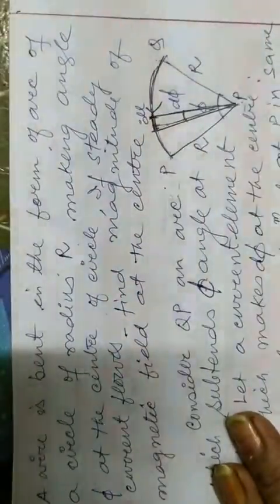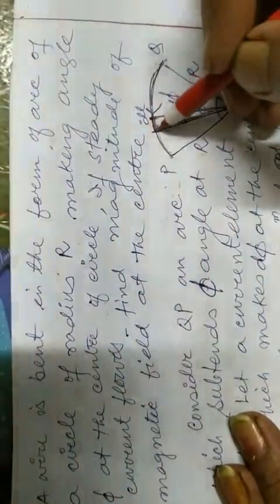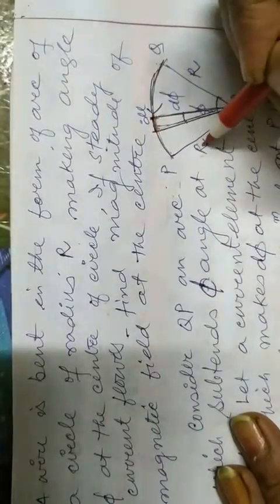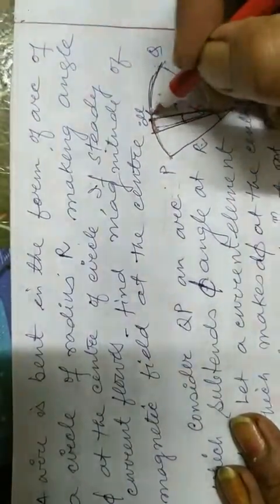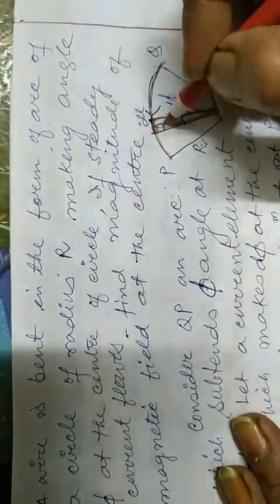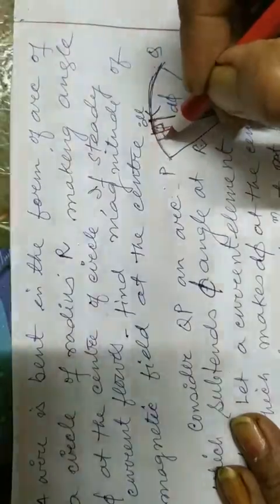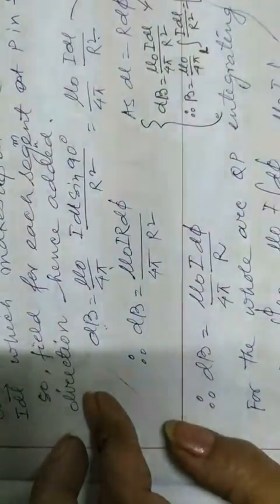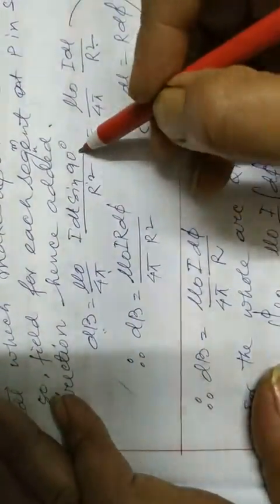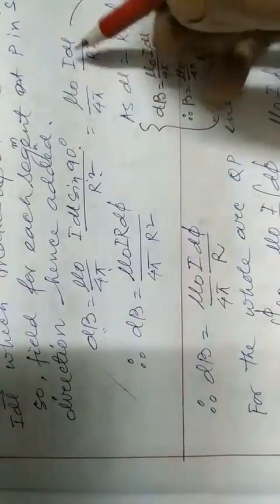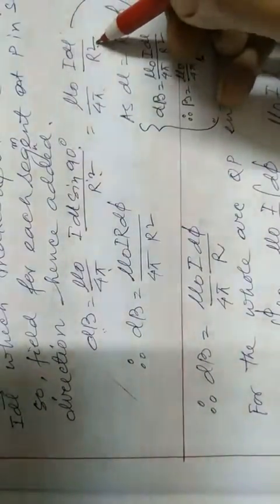The angle between I dl and r, the radius of this arc, is 90 degrees. So dB is equal to mu 0 by 4 pi I dl sine 90 degrees by r square, which is mu 0 by 4 pi I dl by r square.